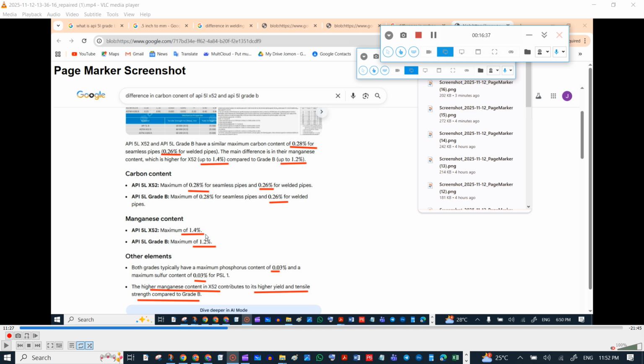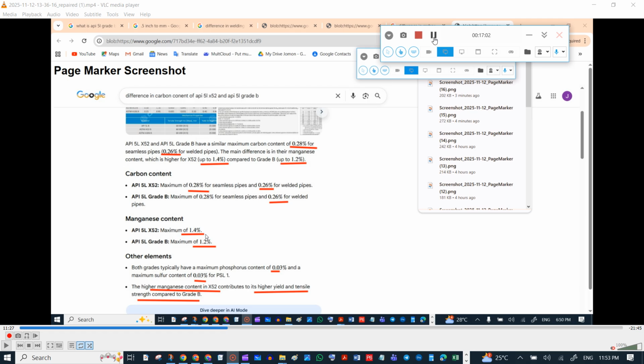Phosphorus content is 0.03% and maximum sulfur content is also 0.03%. So the only change is in manganese content. Higher manganese content in the X52 contributes to higher yield strength compared to Grade B.